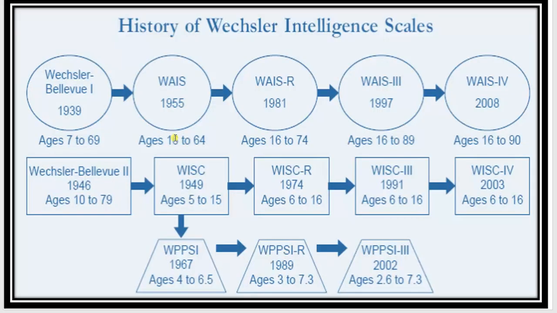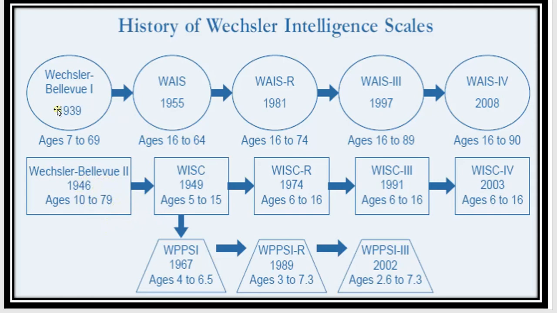Now, coming to the history, Wechsler, working in Bellevue Hospital, developed the first intelligence test named the Wechsler-Bellevue scale, and sometimes we refer to it as Wechsler-Bellevue 1 also because it got a revision in 1946. But this revision was the foundation stone for the children version and preschool primary version of the intelligence scale.